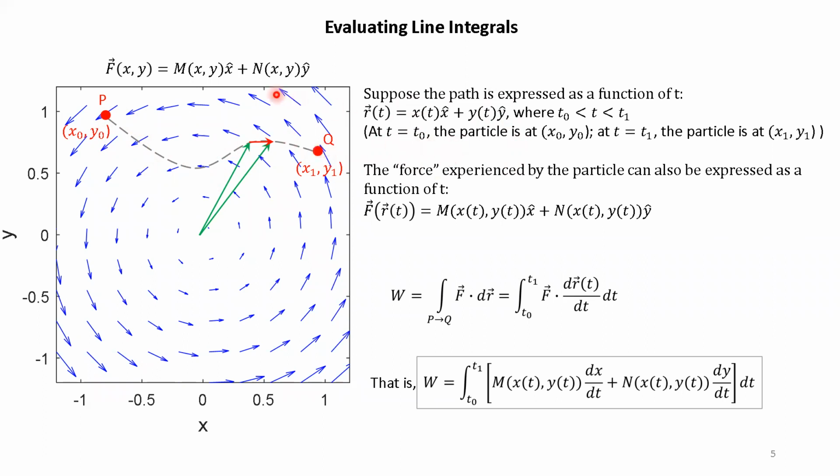Now the force, the vector field, is given already. If I want to find the force experienced by the particle as a function of t, then I need to substitute this x of t and y of t into this function here. Then at t, the force is given by this.